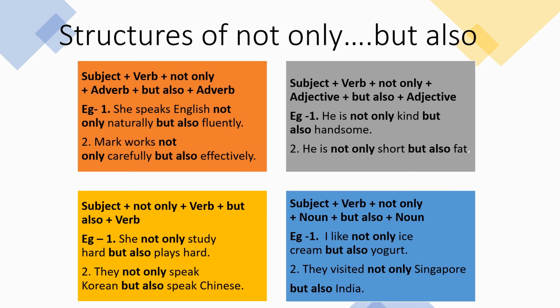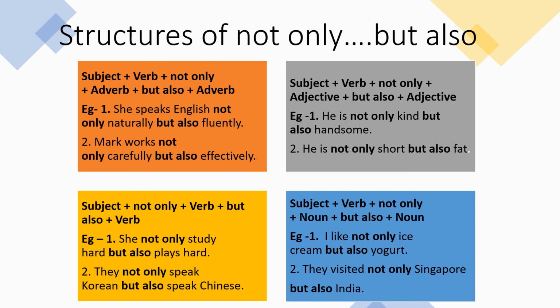Third case, subject plus not only plus verb plus but also plus verb. Example, she not only studies hard but also plays hard. Second example, they not only speak Korean but also speak Chinese.